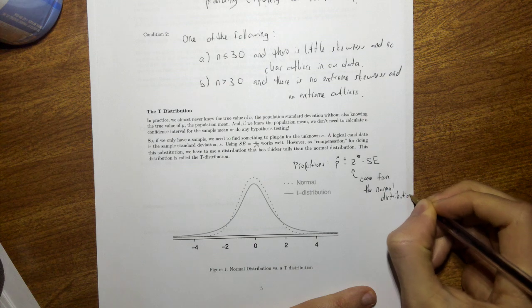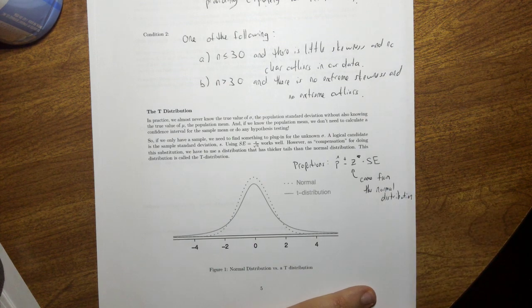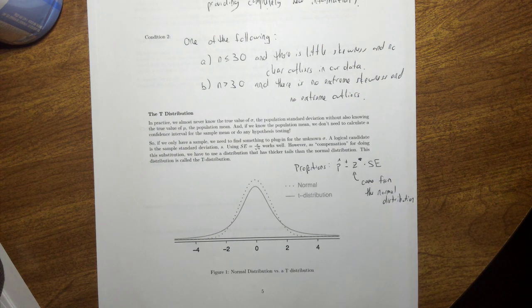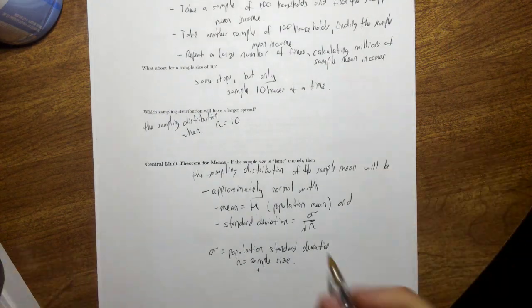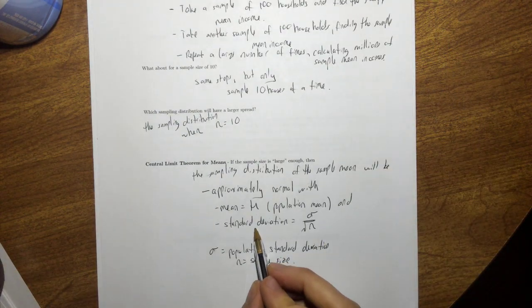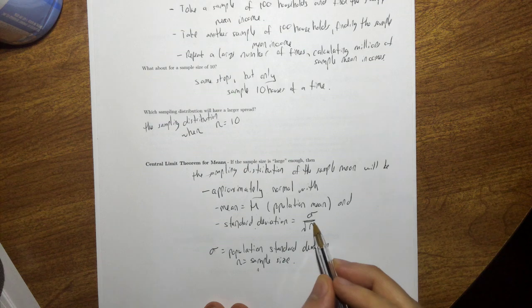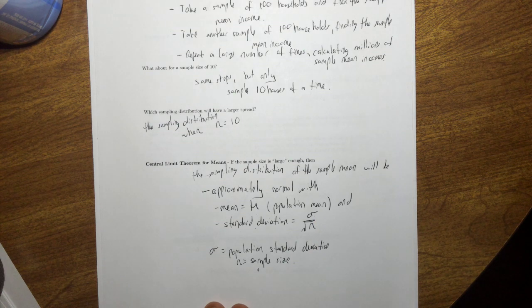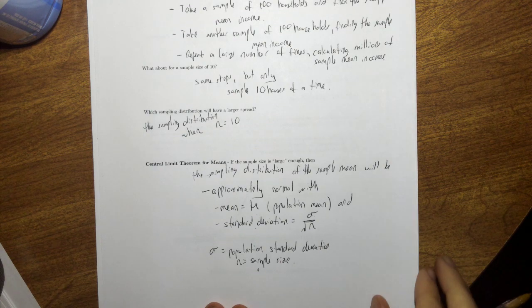As we think about moving forward into building a confidence interval for the mean, just right before this, we said that the standard error, or the sampling distribution of the mean, was sigma divided by the square root of n, where sigma was the population standard deviation.